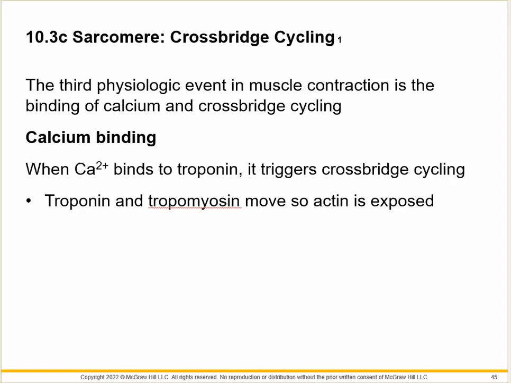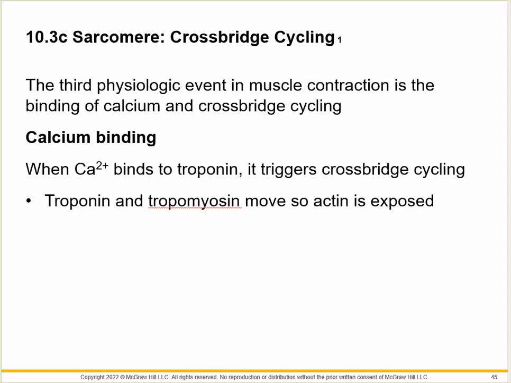Calcium is a very strong cation. It has 2+ charges. So the troponin tertiary configuration with calcium is a different electrical charge than without the calcium. So when calcium has bound, the troponin changes shape.